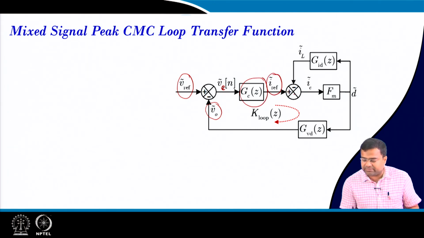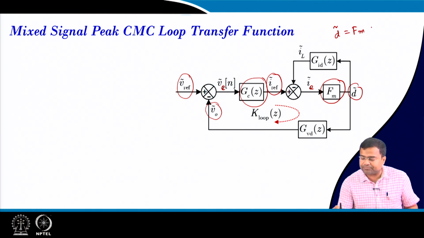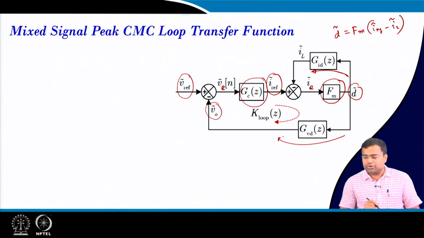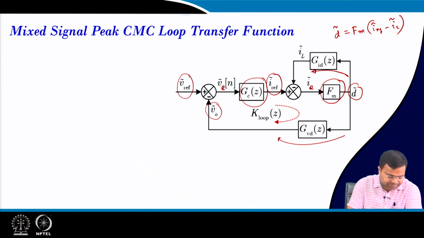Then this reference current level minus IL is your error current, and if you multiply with the modulator gain, it will generate the duty ratio, because we know that duty ratio is nothing but Fm into (Iref minus IL). Now, how are IL and D related? It is the control to current transfer function, right? And how are output and duty ratio related? It is the control to output transfer function. So you will get the complete loop transfer function.